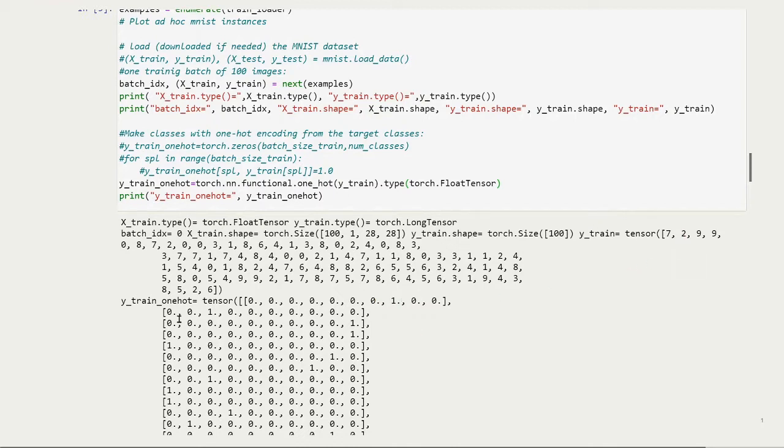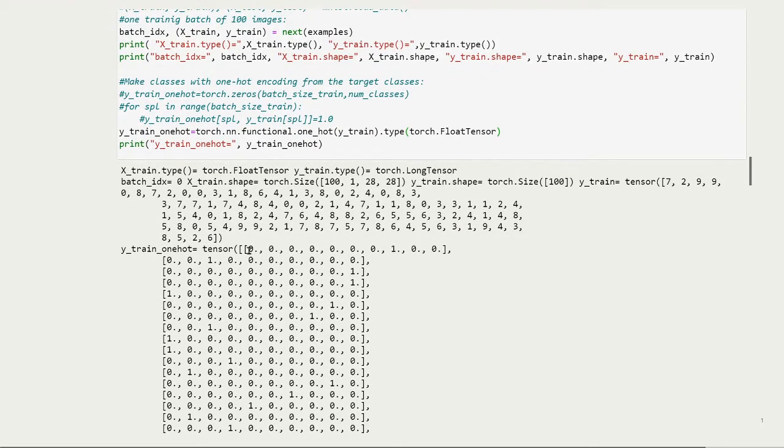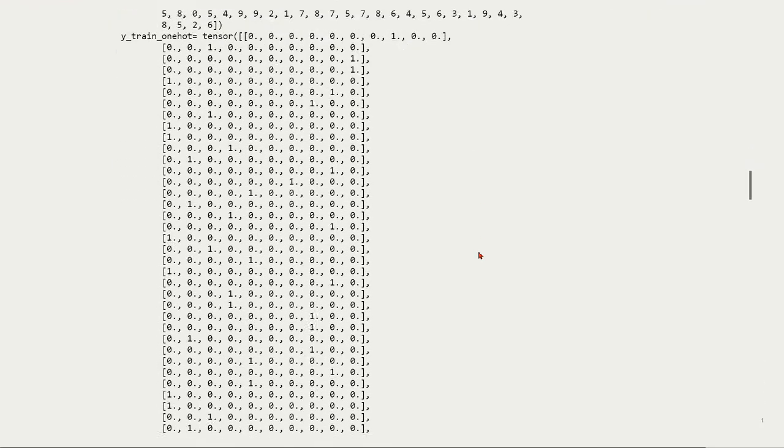This is a 2, so 0, 1, 2, and so on. So now we've converted our target. It was an integer that describes the digit, and now we are using the one hot format that also describes the digit, but with a 1 at the position of the digit representation.